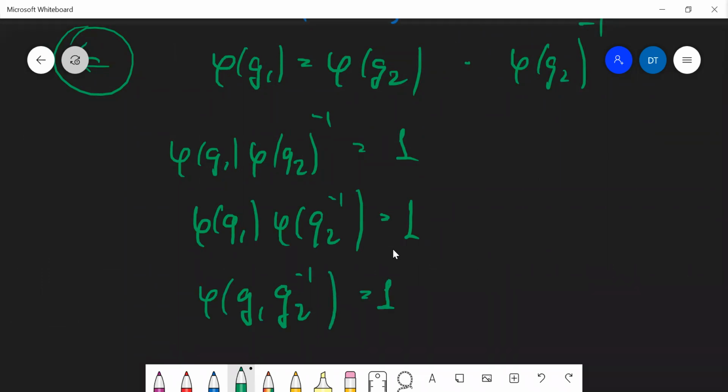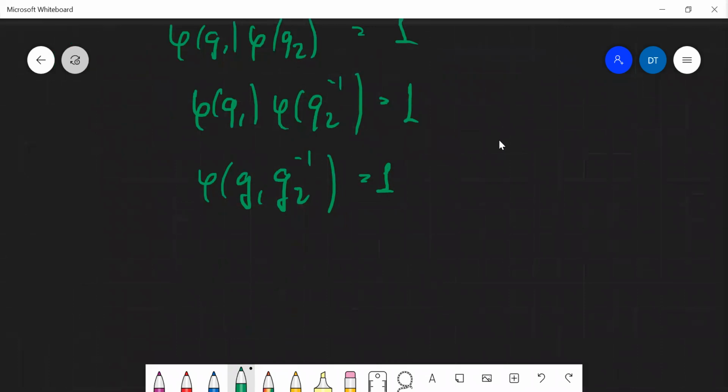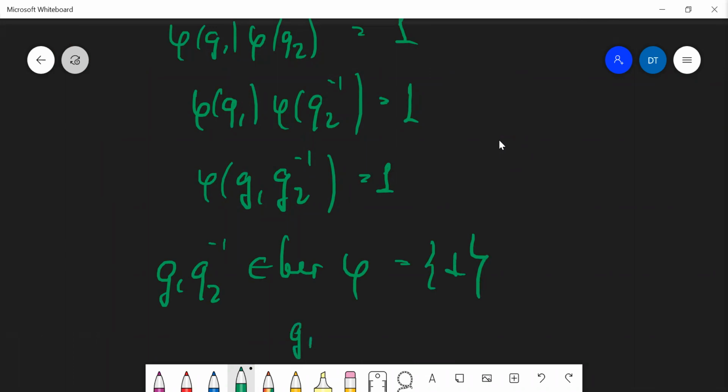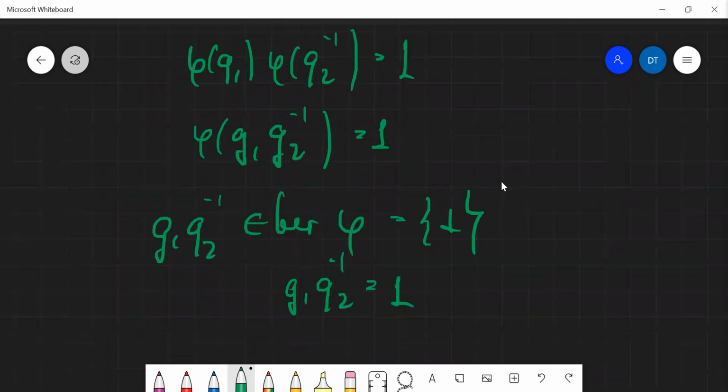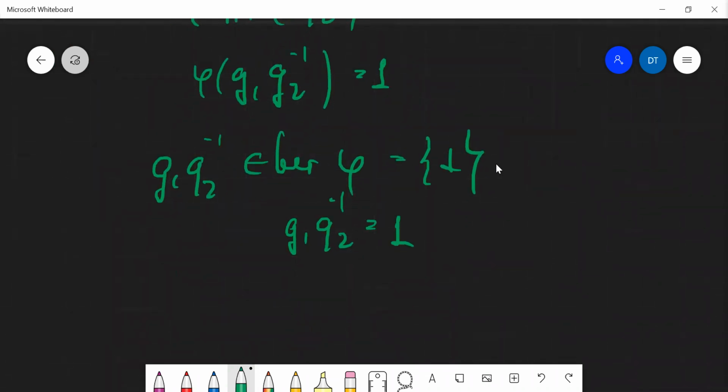But the latter equality, just by definition, means that g1 g2 inverse belongs to the kernel of phi. But by our assumption, the kernel of phi consists of one element, which means that g1 g2 inverse is equal to 1. And multiplying this by g2 on the right, we get g1 equals g2.